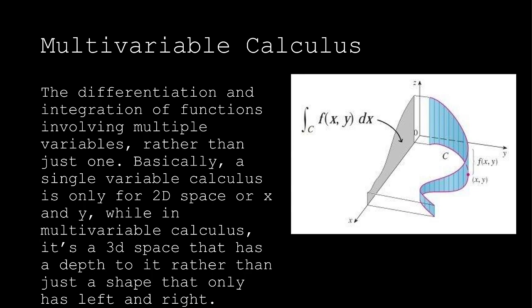It only has x and y, height and length or width. While in multivariable calculus, it's a 3D space that has depth. So it has like a mesh. It's like 3D real life, so it has depth to it rather than just a shape that only has left and right.